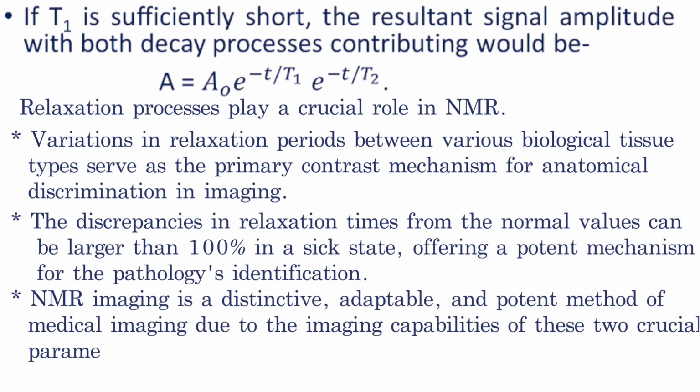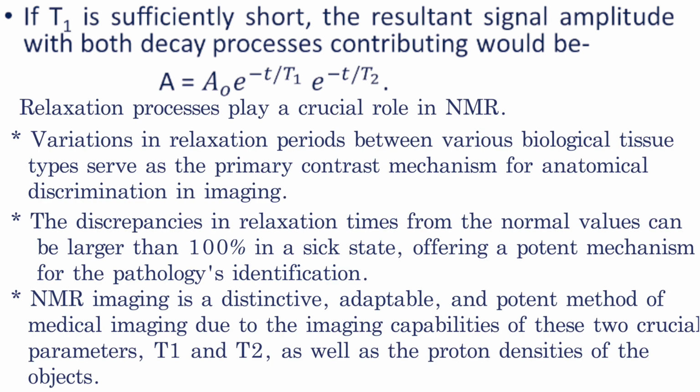Relaxation processes play a crucial role in NMR. Variations in relaxation periods between various biological tissue types serve as the primary contrast mechanism for anatomical discrimination in imaging.